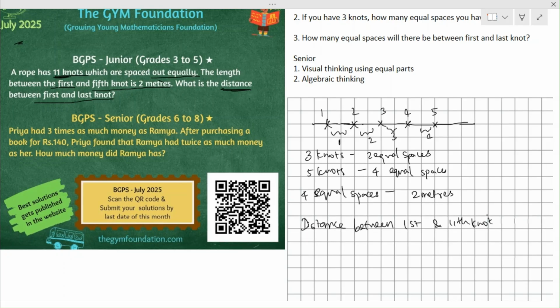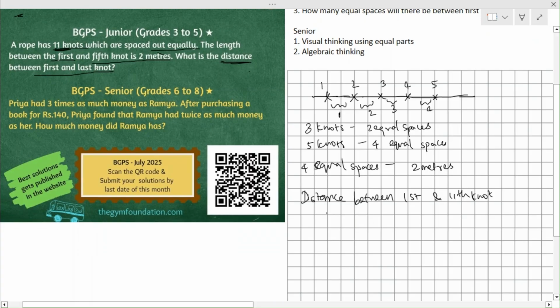To find this, what is the first information you would need? You would need how many equal spaces there are. Based on our visual thinking, can you figure out how many equal spaces between the first and 11th knot? Yes, that should be 11 minus 1, which is 10. So 10 equal spaces are there.